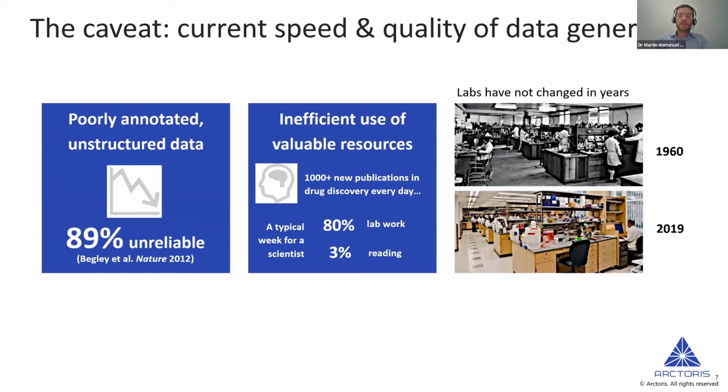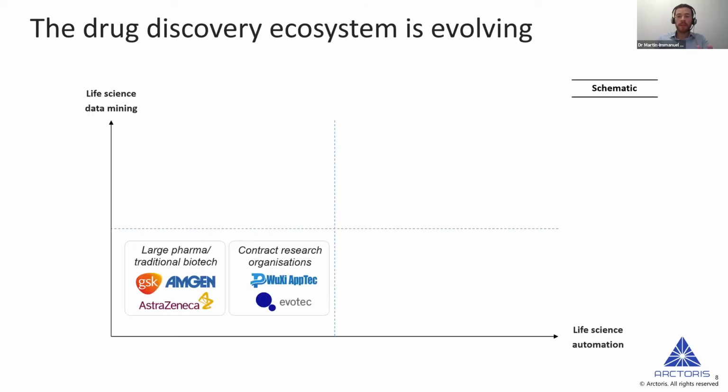What the next graph shows is a schematic of the drug discovery ecosystem, where we can try to put different companies and players into boxes or categories. In the bottom left-hand corner are the traditional players, the way all of us know them: biotech companies, pharma companies, contract research organizations. We could add universities there as well.